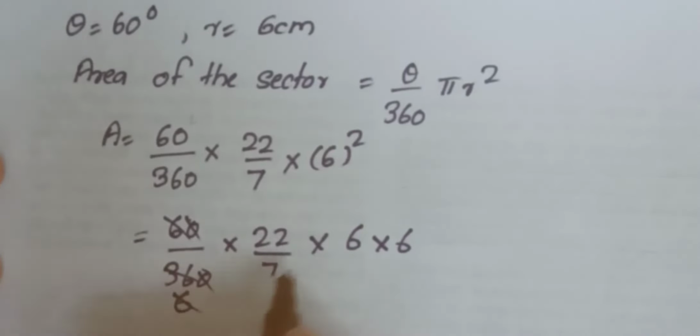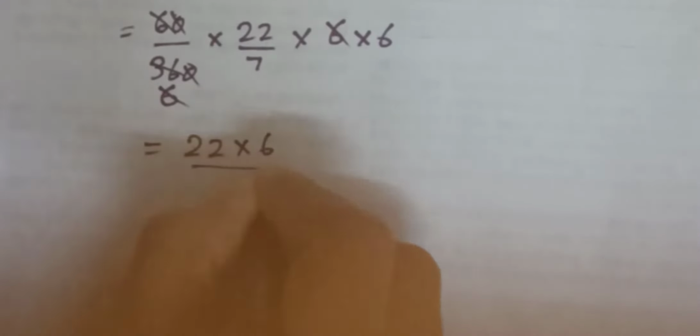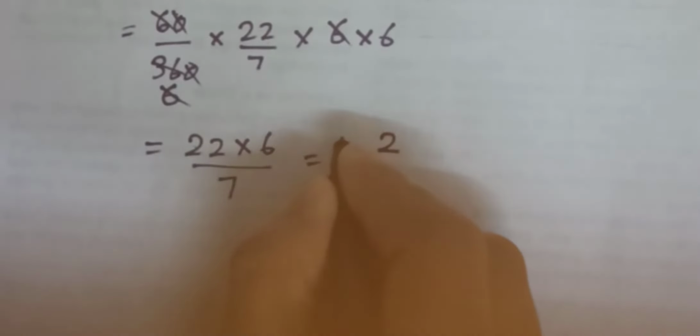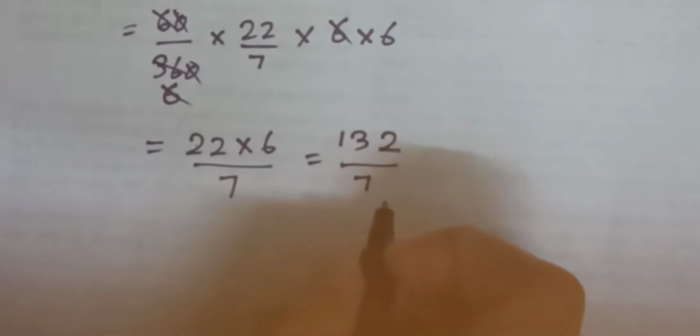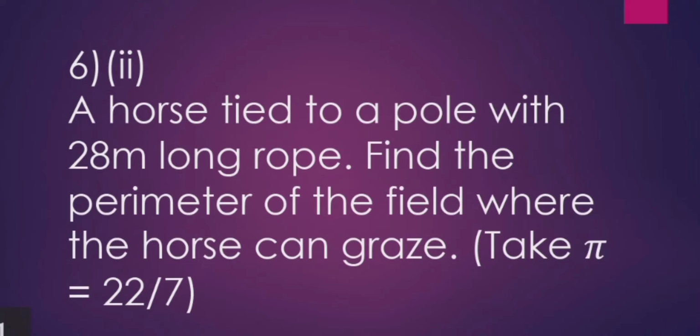Again you can cancel this 6 and this 6. So what is left? You have 22 into 6/7, that is equal to 2 6 are 12, balance 1, 2 6 are 12 plus 1, 13, 132/7. Okay, you have the answer 18.86.